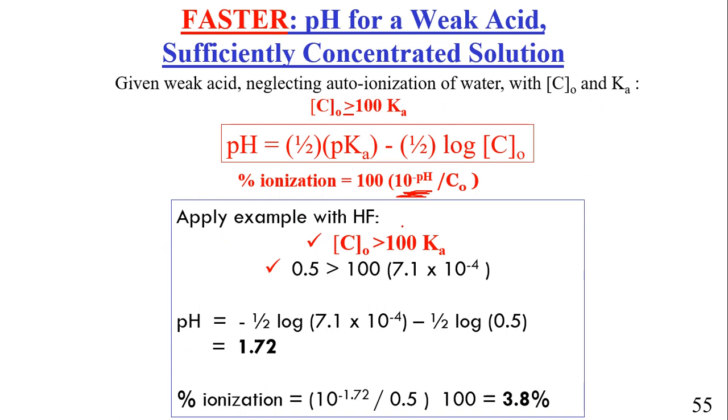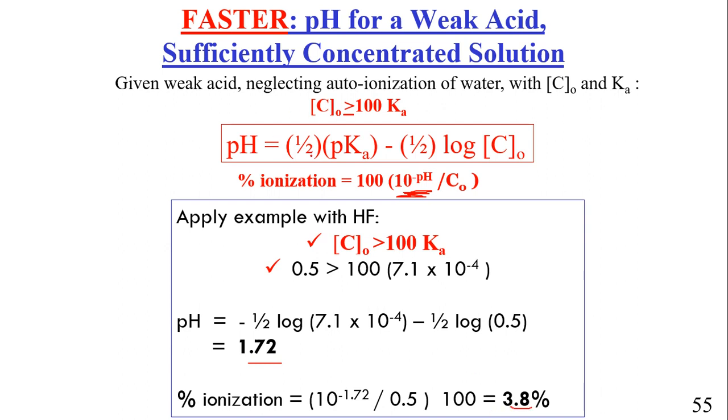Okay, now, go ahead, try to solve the same question that we just did, only applying this equation. And that's what I did here. I'm not going to go through it. You try it, apply this equation, and you would get the same exact pH and the same exact percent ionization.